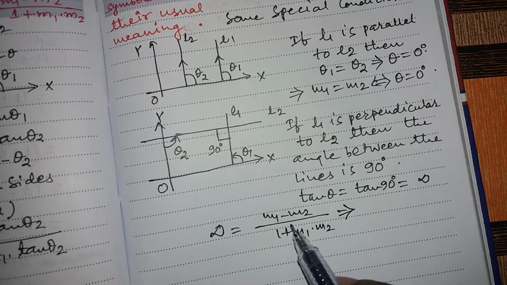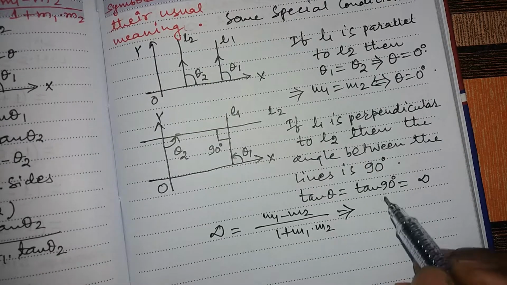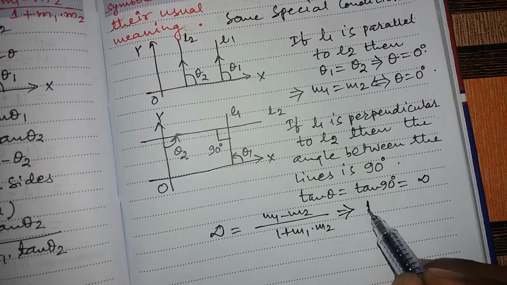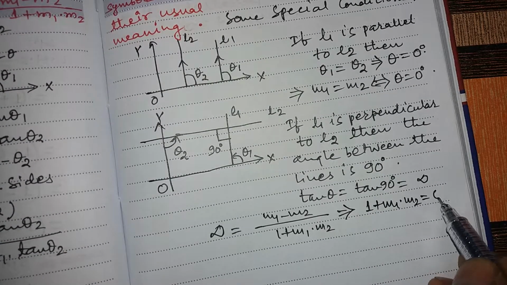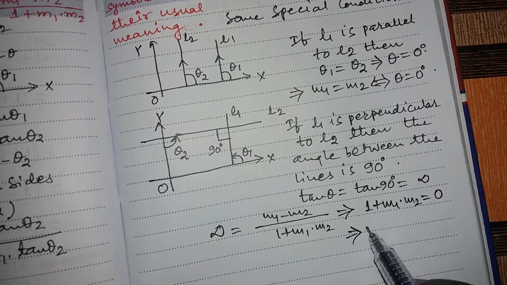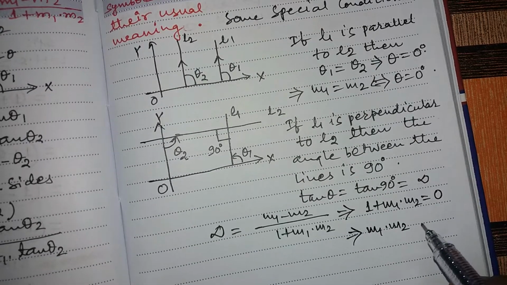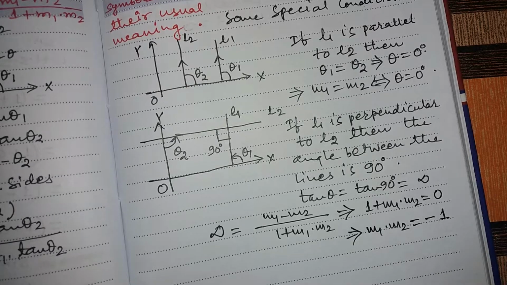This implies that the result becomes infinity when 1 plus m1 times m2 equals 0, which implies m1 times m2 equals minus 1.